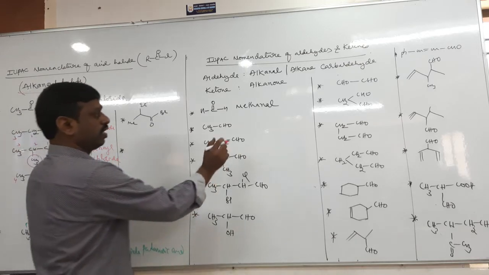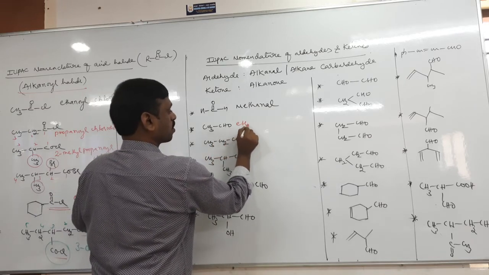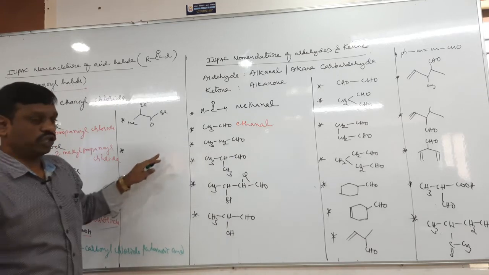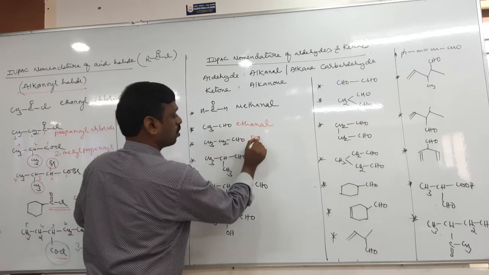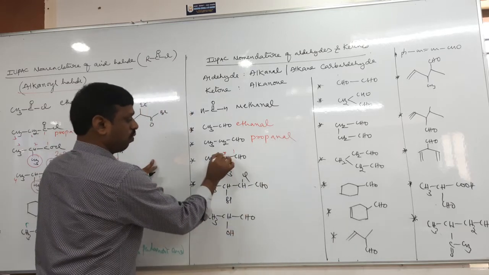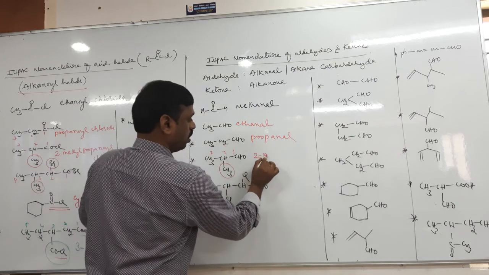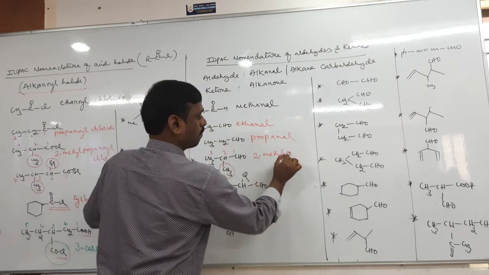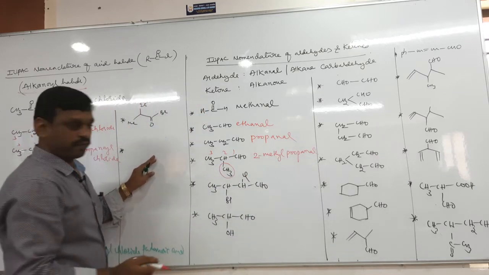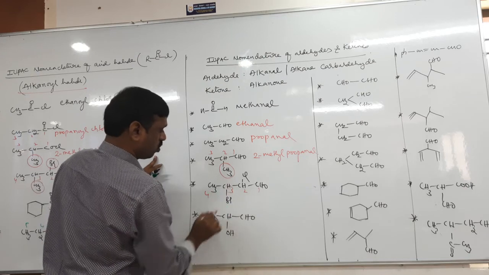Tell me, a 2 carbon aldehyde is ethanal, right? So 3 carbon aldehyde, propanal. 1, 2, 3. So there is a 2-methyl propanal. 1, 2, 3, 4.